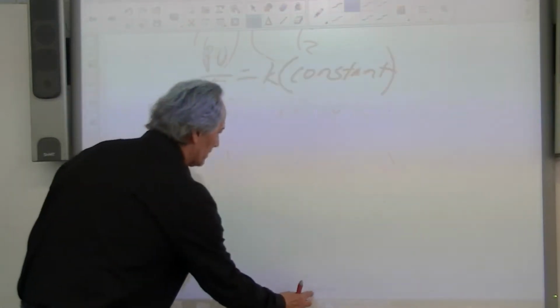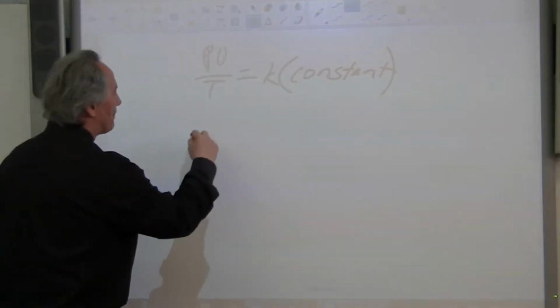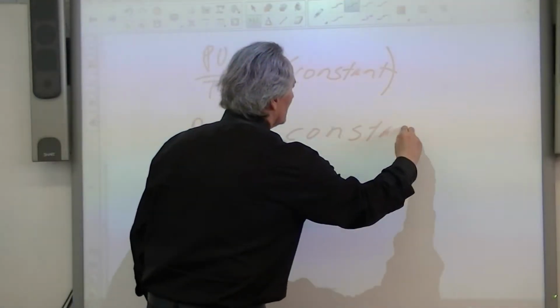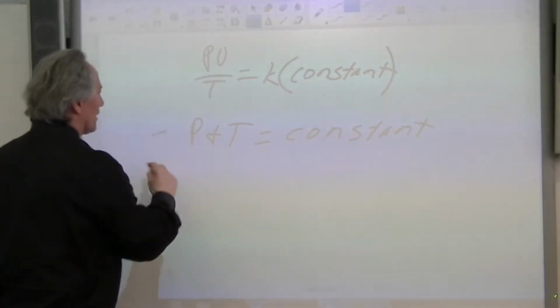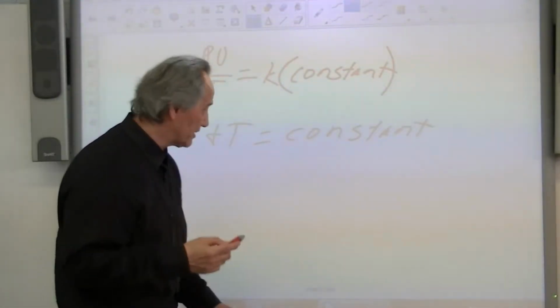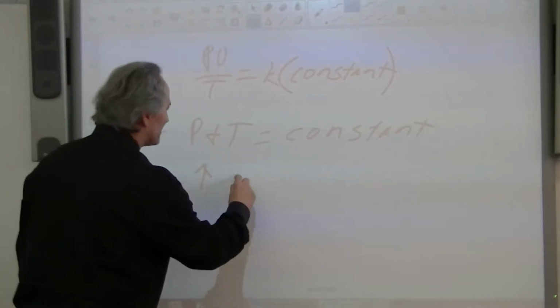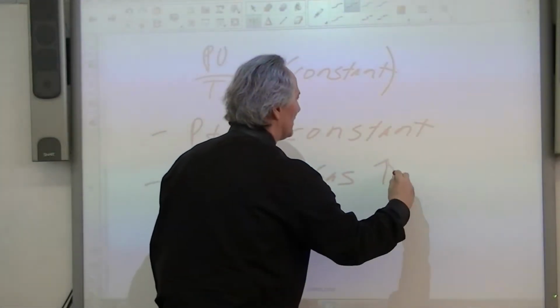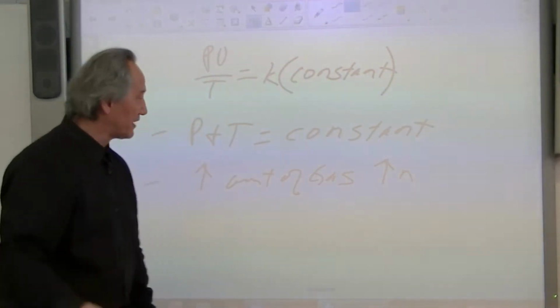The first condition is, let's say, for example, pressure and temperature are constant. That's one item. Let's say that we increase the amount of gas that is present. And I'm going to say we increase n, or moles, of gas.